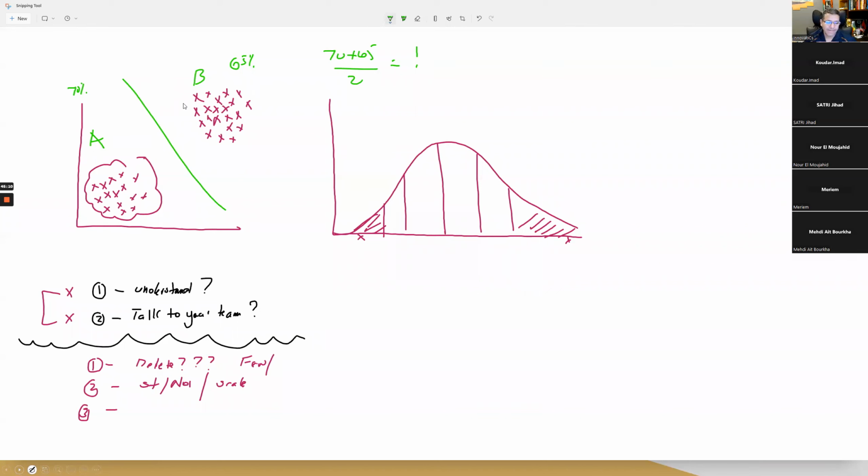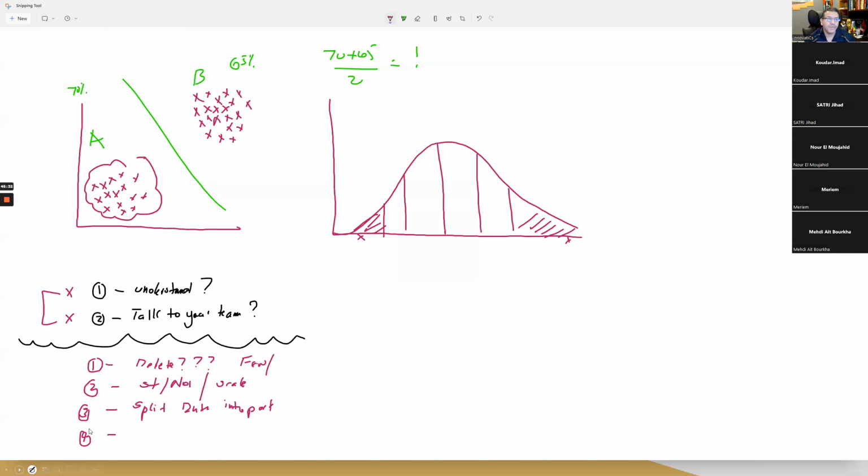We could do that. So we could split the data into parts. Number 4.